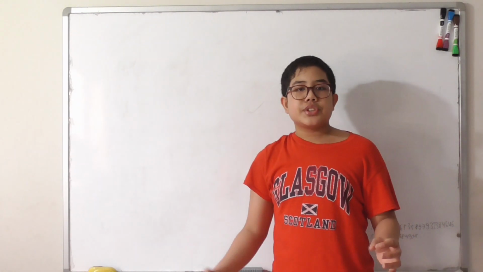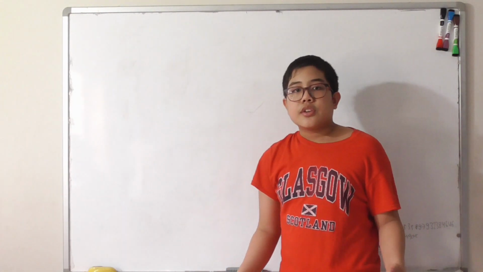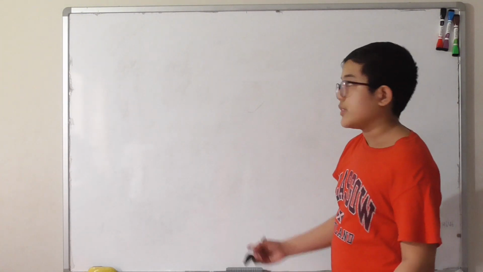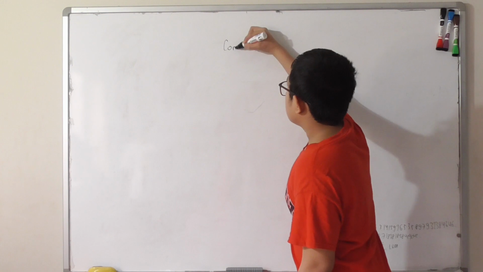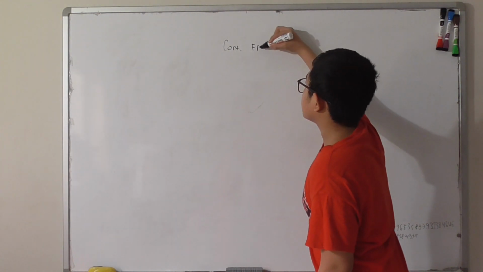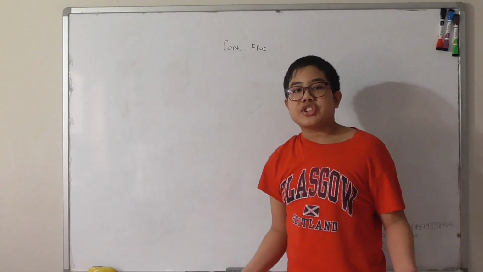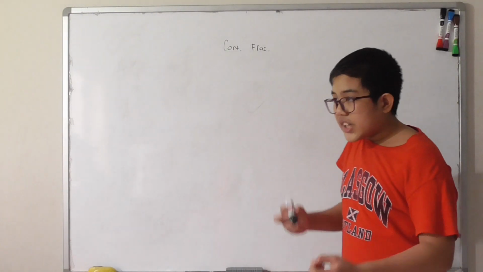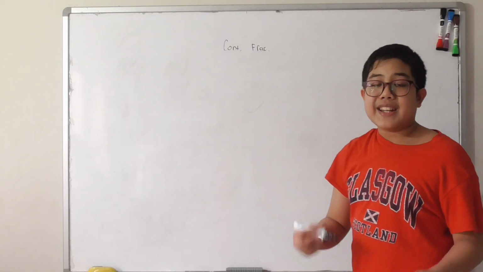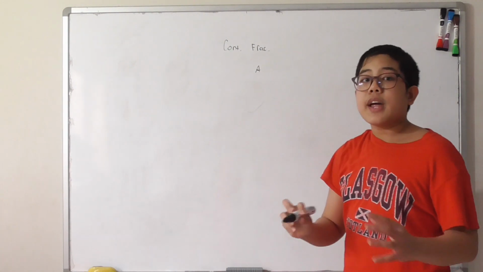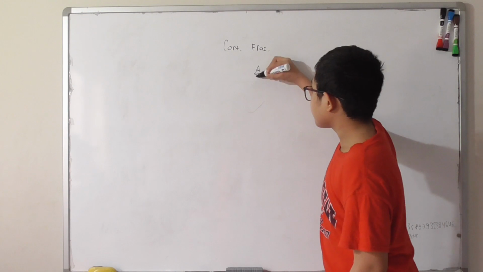However, let me introduce you to another topic. So firstly, let's take a look at a continued fraction. So firstly, let's think what is a fraction, essentially. A fraction is when we have an integer, a whole number, a, and then we divide it by another integer, b.